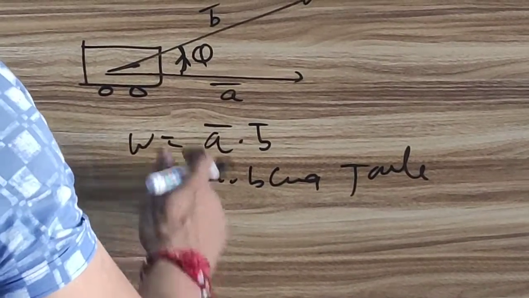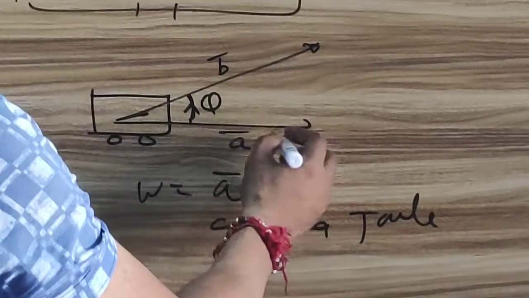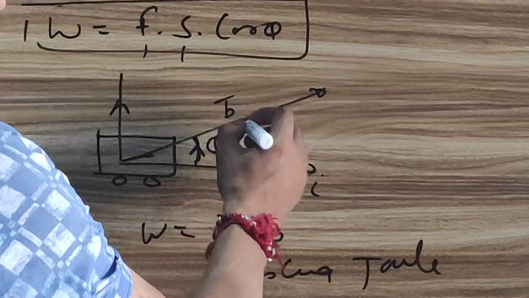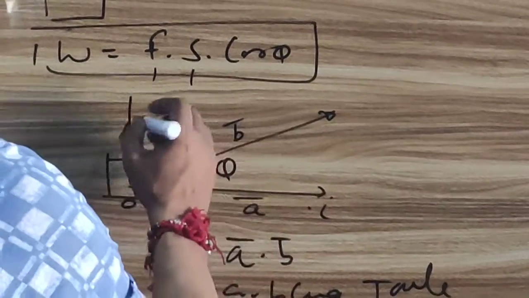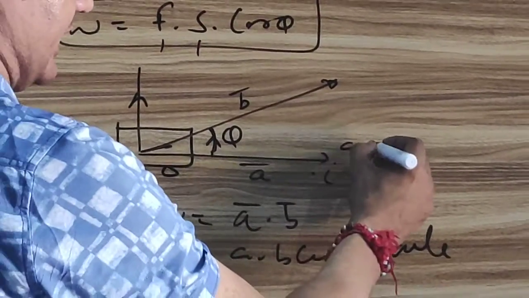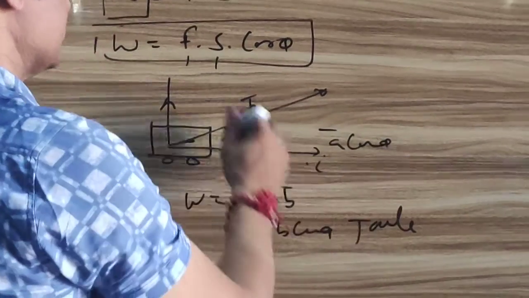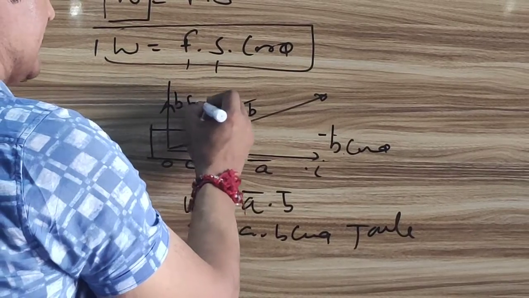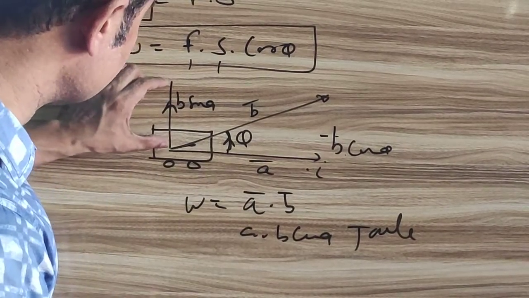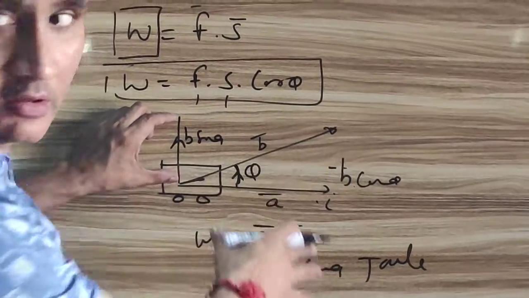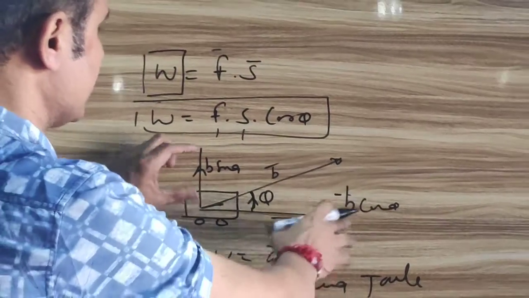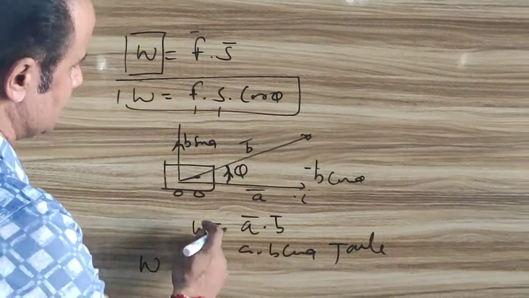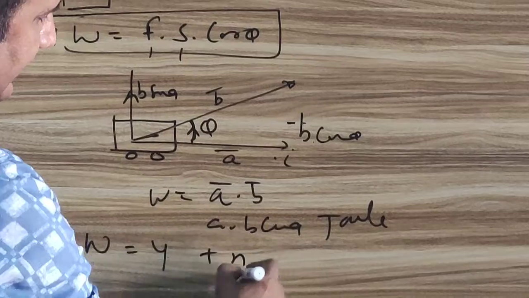Now consider the other component of this force. The B vector has a component B cos theta in this direction, and in the other direction it is B sin theta. So we calculate the work in the y direction and the work in the x direction.